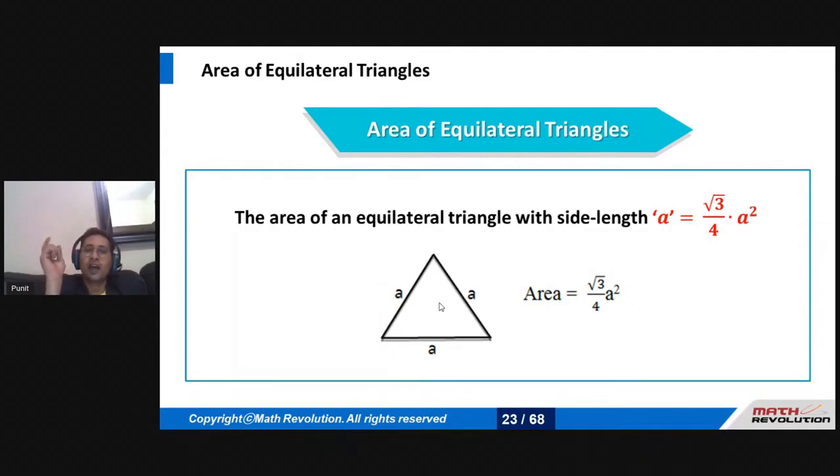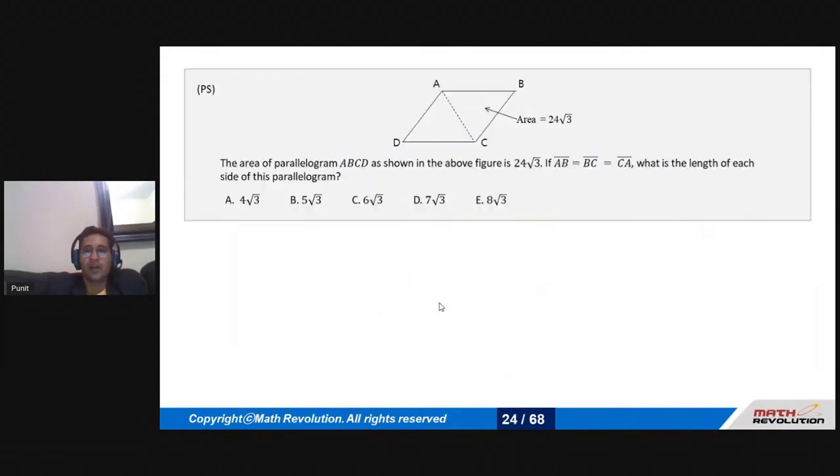And then if you find the value of the perpendicular, that becomes your altitude. So even if you apply the same logic of half base into height, the final answer that we get is root 3 over 4 a squared. So that is a direct formula for the area of an equilateral triangle, which is found again by applying half base into height. Let's talk about one of the questions.